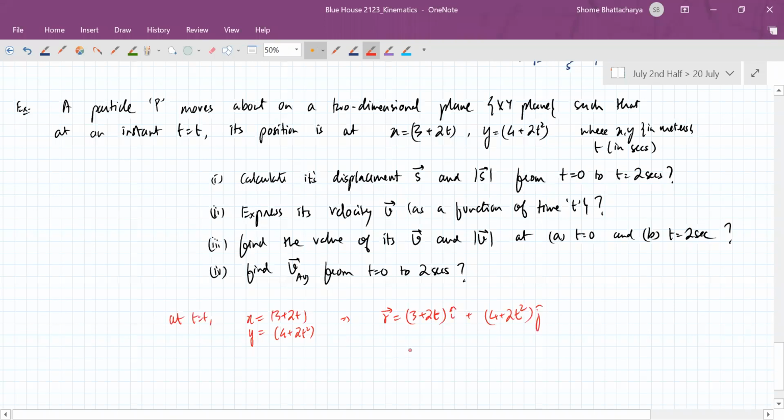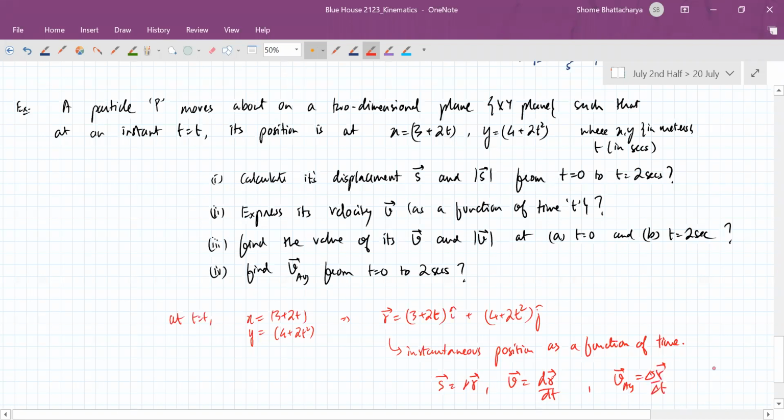So this is now the instantaneous position as a function of time. Now you can start applying all these definitions. Displacement is change in position. Instantaneous velocity is rate of change of instantaneous position. Average velocity is average rate of change. Just apply these definitions with the given values and you'll be able to figure things out very easily.